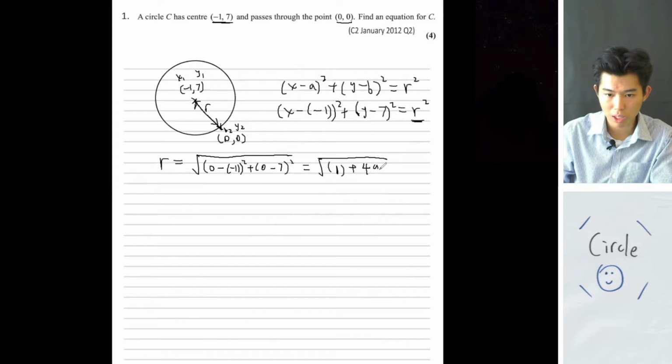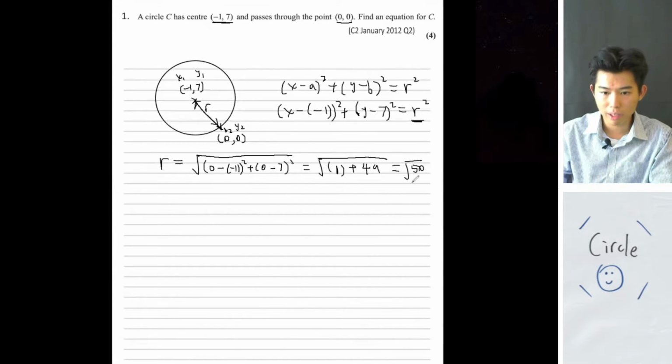So plus 49, which would be root 50. And this one here would be the value of r.